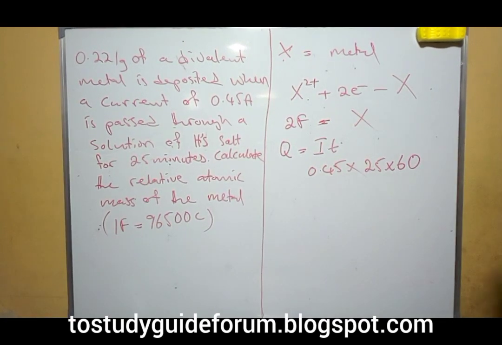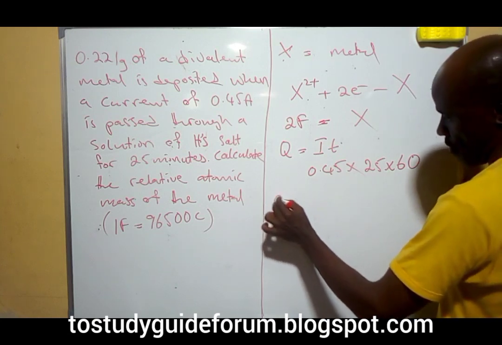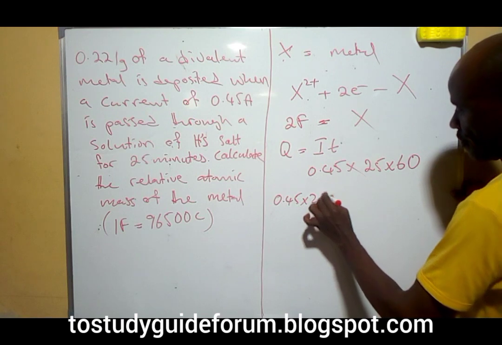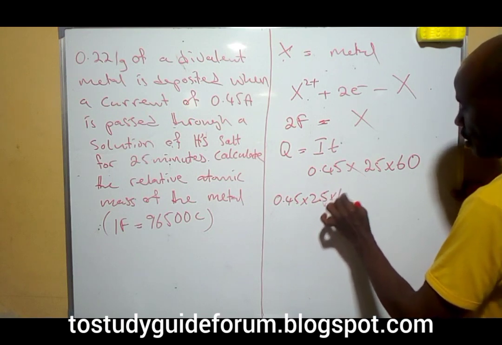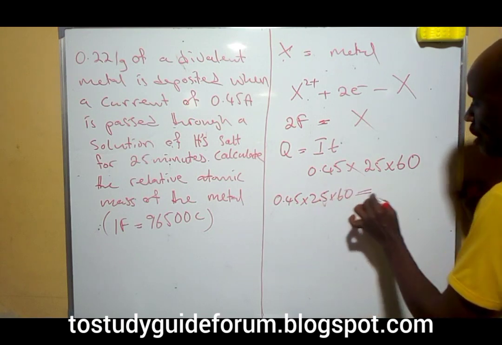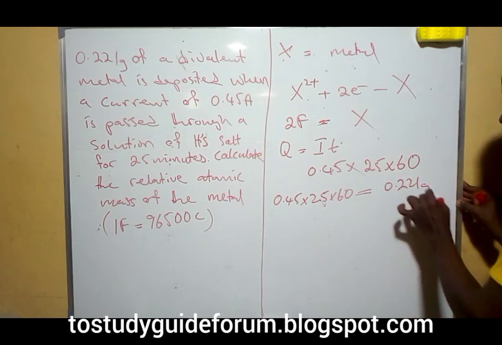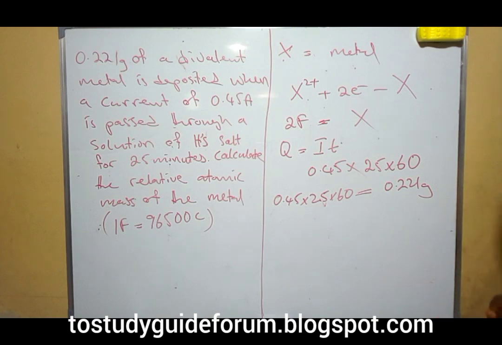So converting into seconds, 0.45 times 25 times 60 will deposit 0.221 grams.